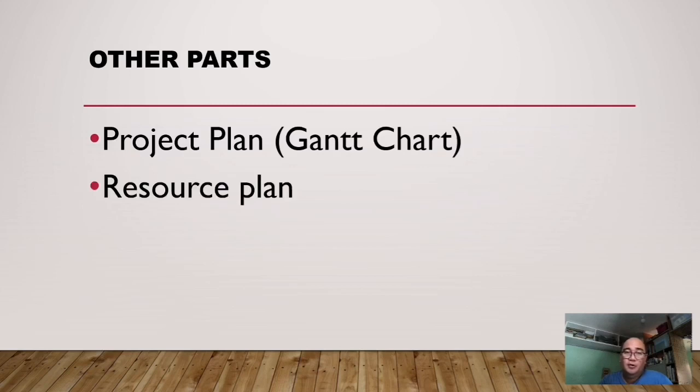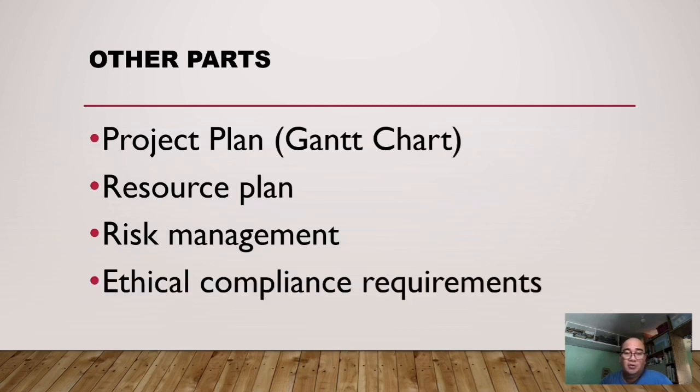You may also include your resource plan, so where you are going to get your resources in case you will be needing them, the risk management, and your ethical compliance requirements. It depends on the institution that you will be submitting your paper to. You have to comply with the ethical compliance requirements.